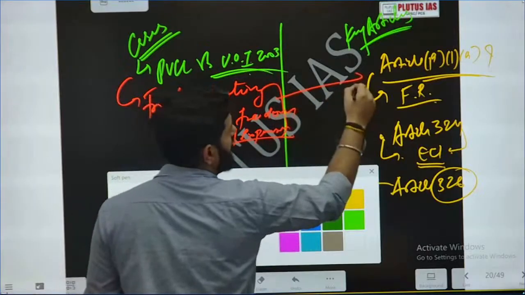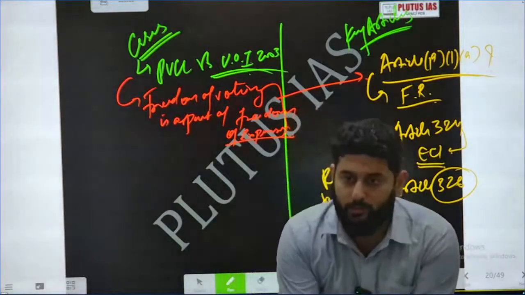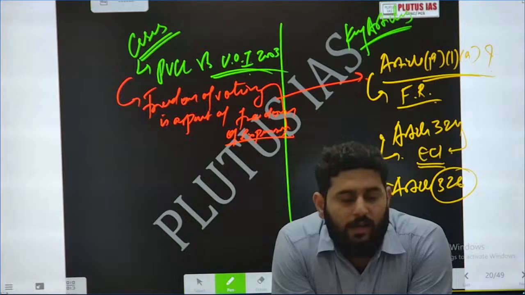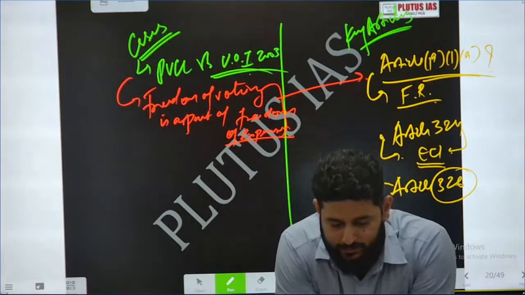Directly linked to this, right? समझ में? Second case, Kuldeep Nayar versus Union of India in 2006.